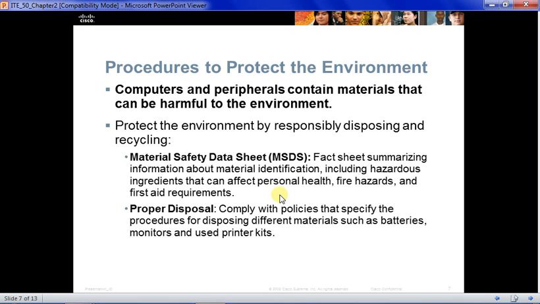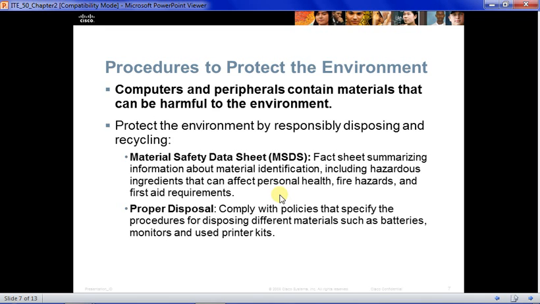And again, there are procedures to follow when disposing of such things as batteries and monitors and printer kits. We cannot just throw them away. Batteries and printer kits should be recycled. Monitors, because they contain hazardous materials, need to be also recycled, and usually most municipalities have certain rules and regulations.